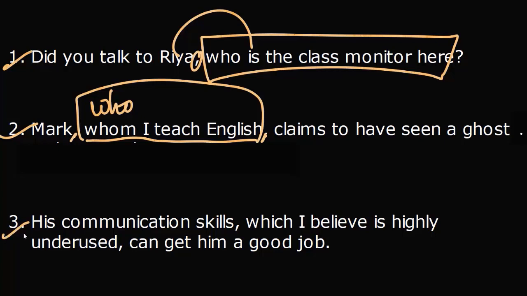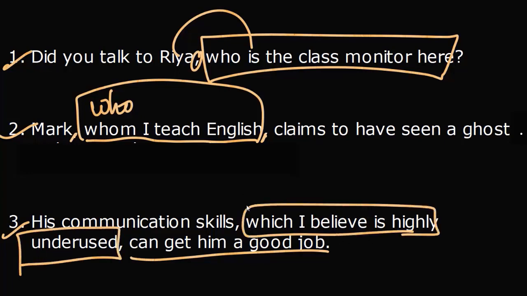All right, third example. His communication skills, which I believe is highly underused, can get him a good job. His communication skills can get him a good job, right? I'm talking about his communication skills. There is nothing else in this communication skills, right? Just communication skills as a whole, right? So I'm obviously talking about his communication skills, but this is not helping us identify it.